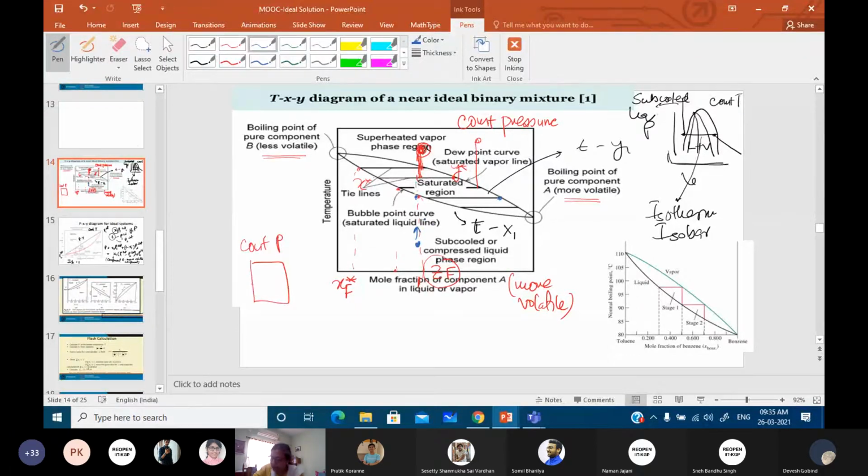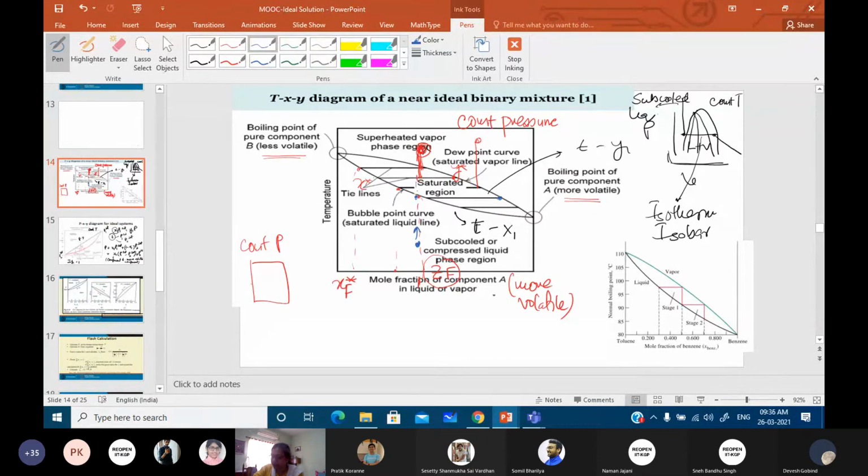Now again at this point, had we started from a different composition of the liquid, we would have obtained a different composition of the vapor. So each point on this particular curve corresponds to a state where the first bubble appears. This saturated liquid line is the locus of all the points where the first bubble appears for this particular binary system.